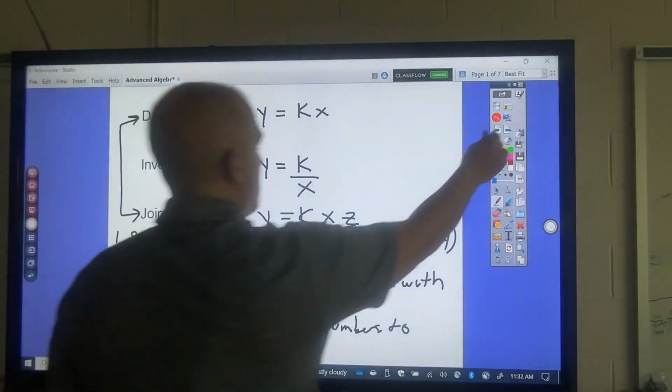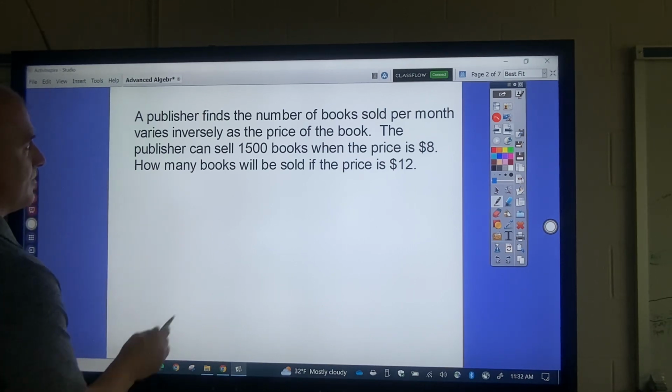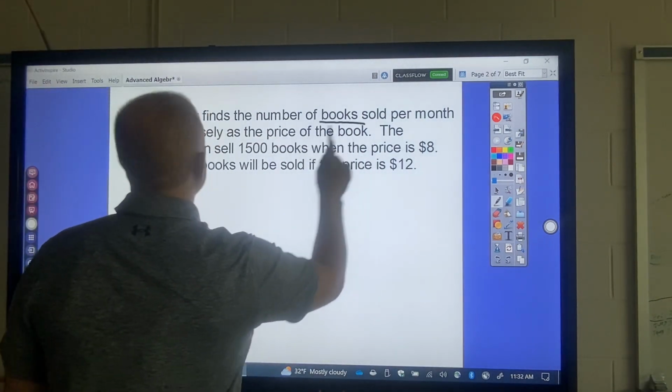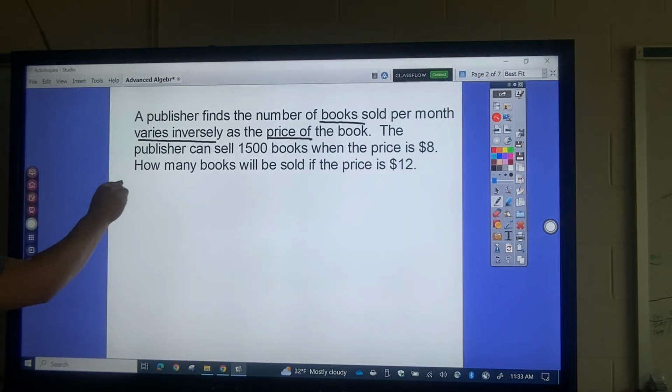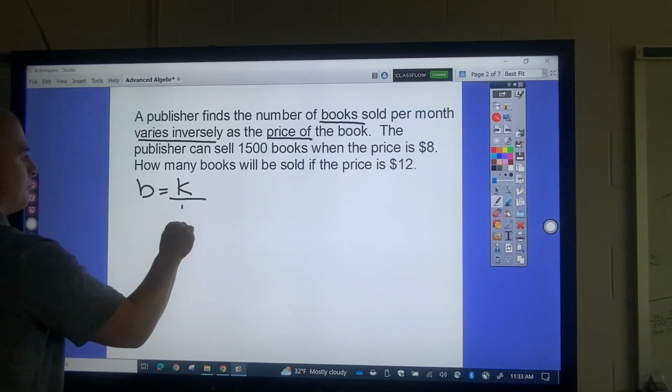So that's what we're going to do for each one of these questions. Let's go through some examples. It says a publisher finds the number of books sold per month varies inversely with the price. So books varies inversely with price: books equals k over p.